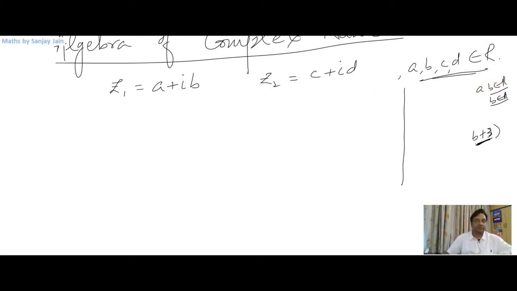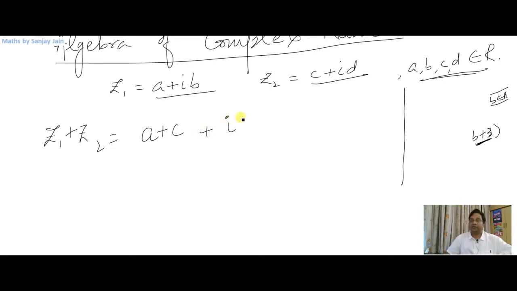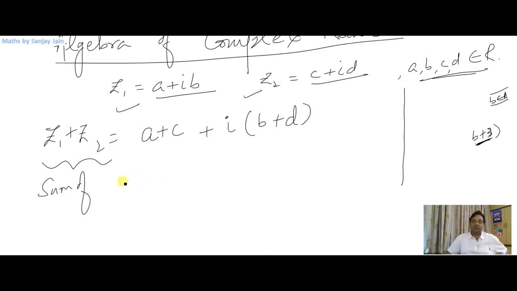For example, if I want to write z1 + z2, I add the real parts and write a + c, then take iota common and write b + d. Now z1 + z2, the sum of two complex numbers, is also a complex number, with real part a + c and imaginary part b + d.